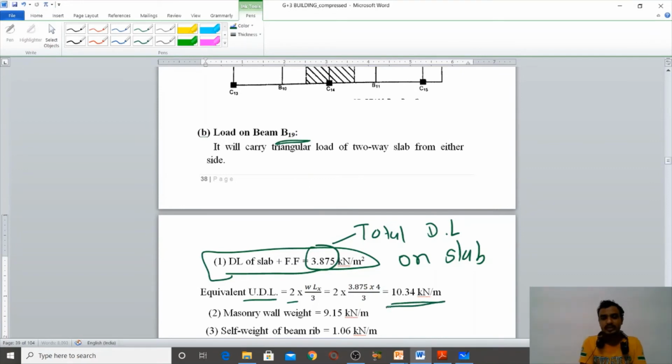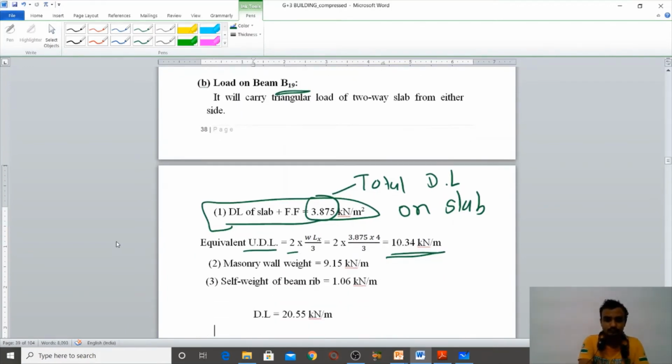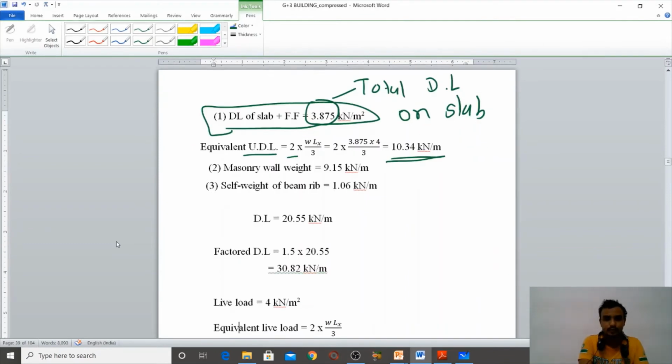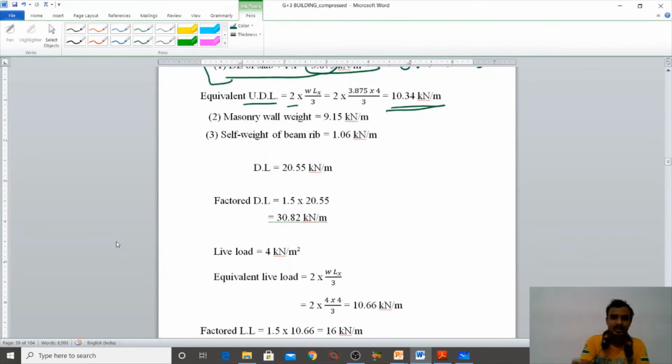So the total dead load is 10.34 kN per meter.